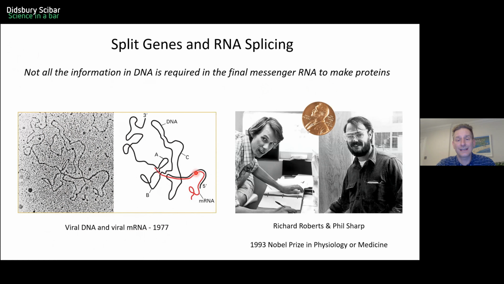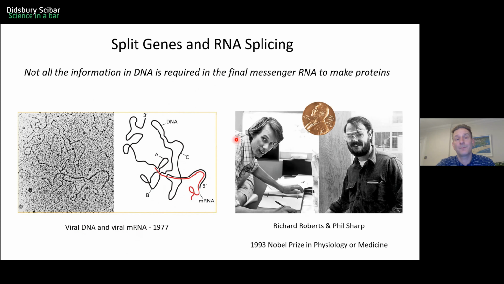What you can see is that the final mRNA that goes on to make the protein is a lot shorter than the viral DNA. And there are these big loops that come out, A, B, C, and they don't correspond to any of the information in the messenger RNA.